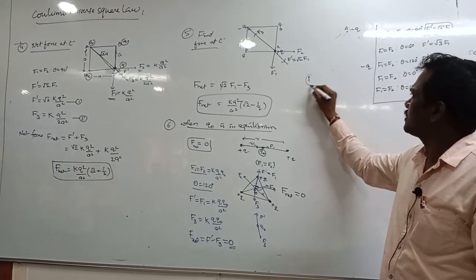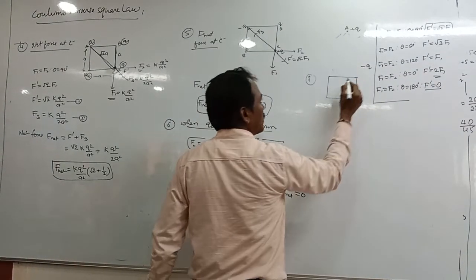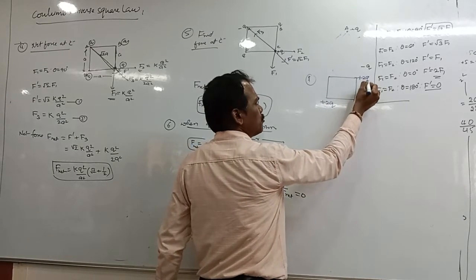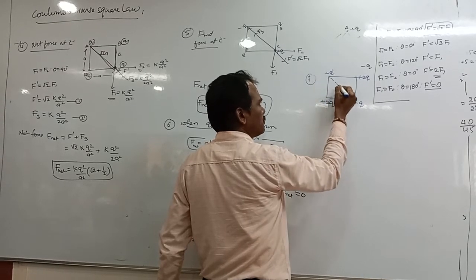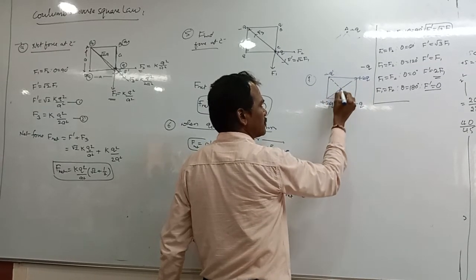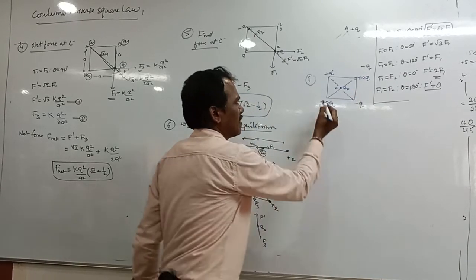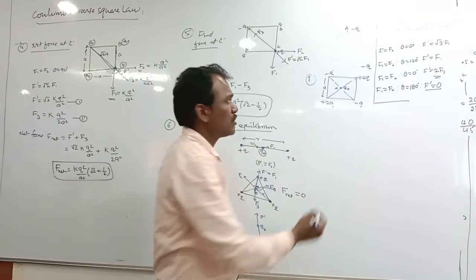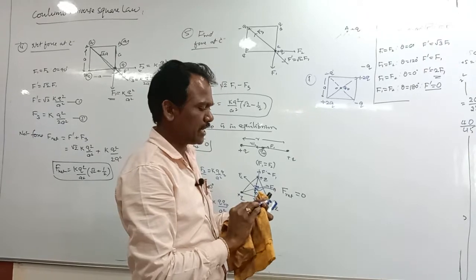See, a square is taken with charges plus 2q, plus 2q, minus q and minus q. If q naught is placed at the center of side A, here also net force is 0 there.